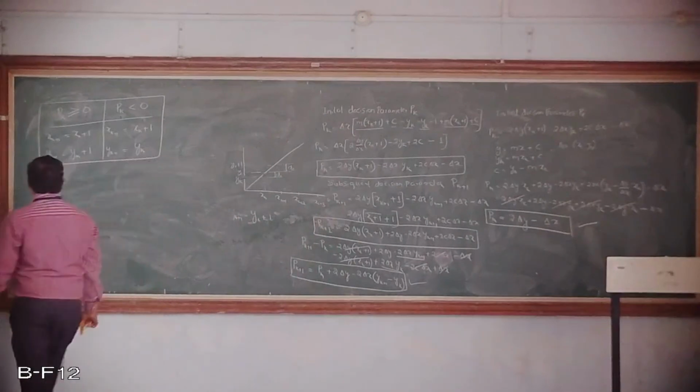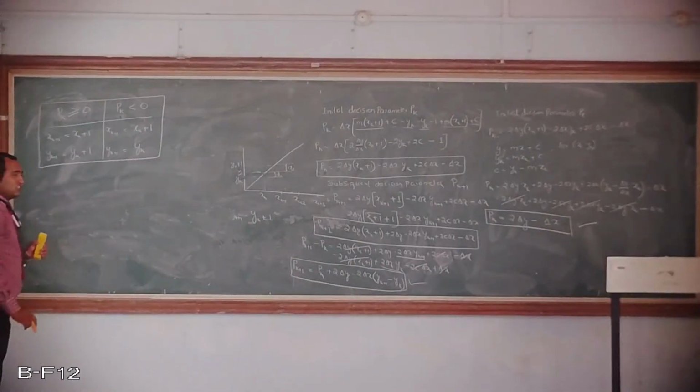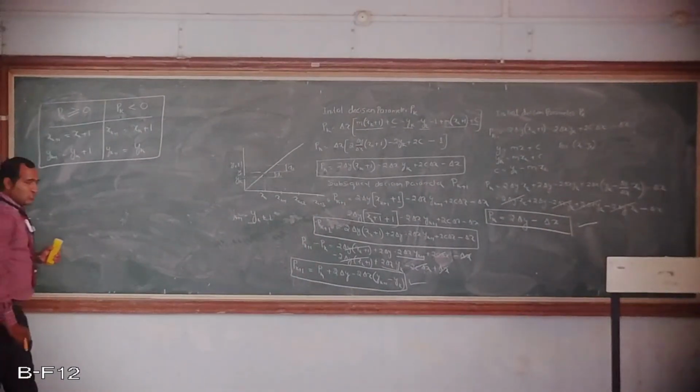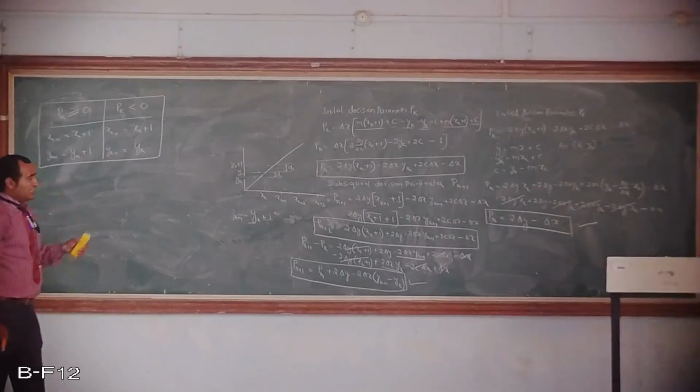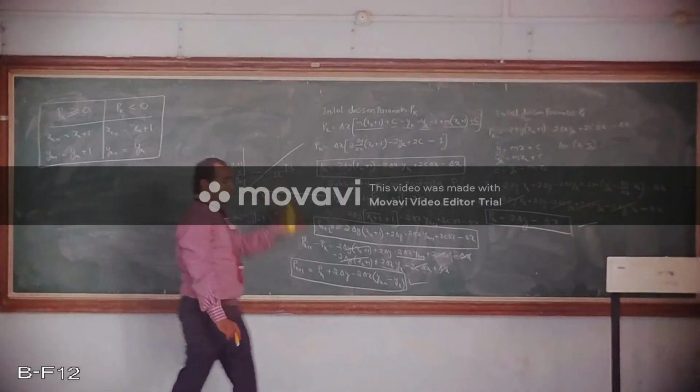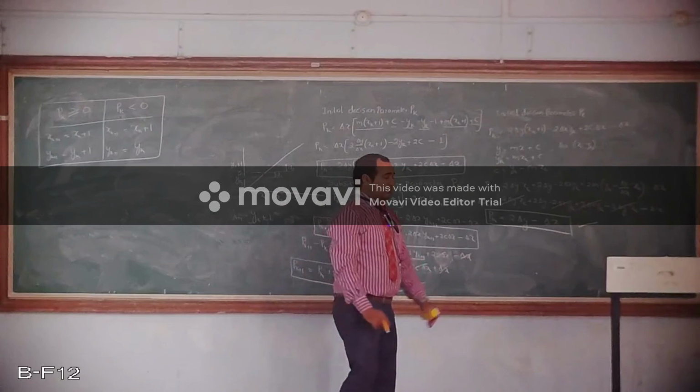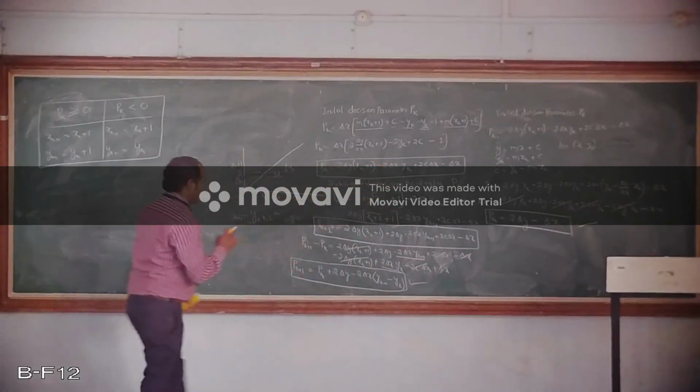Okay. So here, if I want to write the equations for slope greater than 1, I need not repeat the entire derivation, but there is something here.